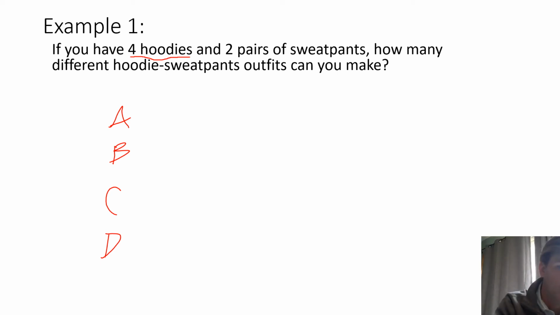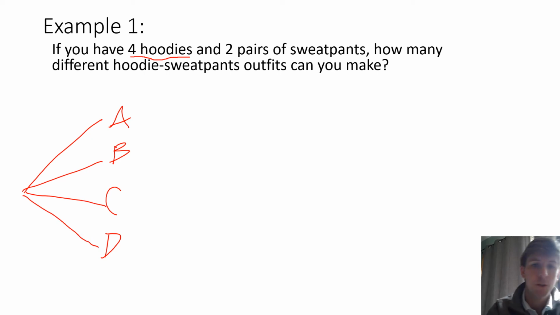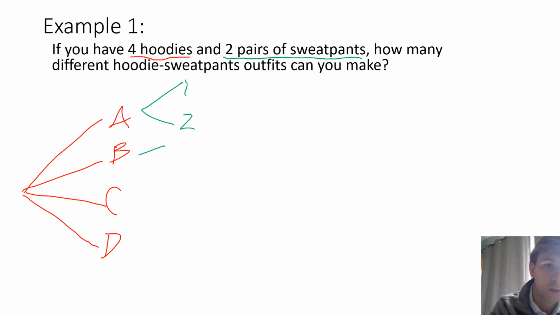I'll start making what's called a little tree diagram here with all your options. And for each hoodie that you wear, there's 2 different sweatpants you can choose from. I'll name those 1 and 2.